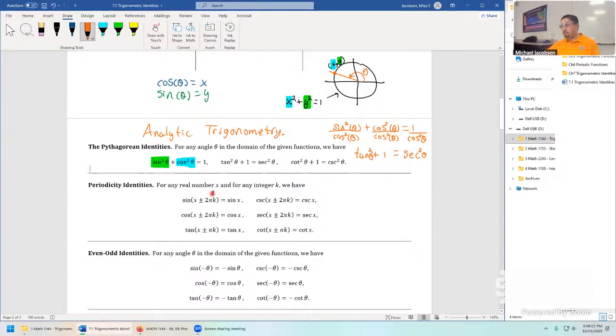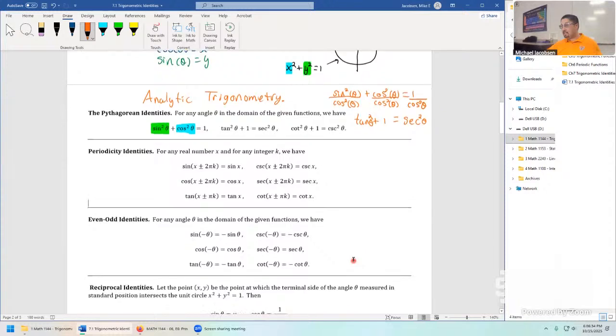Then sine x plus 2 pi would just be 1. If k is, say, -2 or +2, same idea, just any integer k whatsoever, you have these kind of cancellations. The period of sine, cosine, cosecant, secant was 2 pi, but the period of tangent and cotangent is pi itself. That's why there's just a pi k here, pi k there.